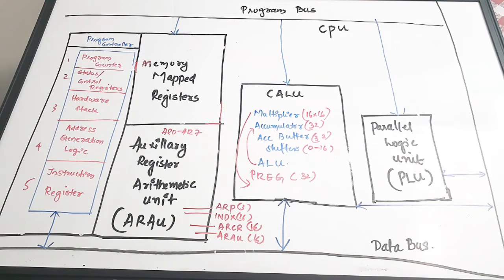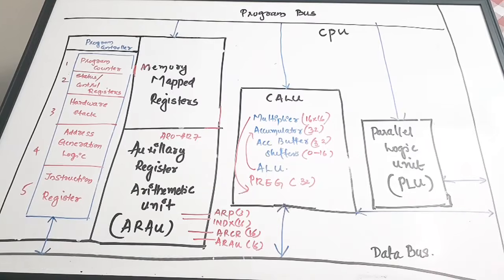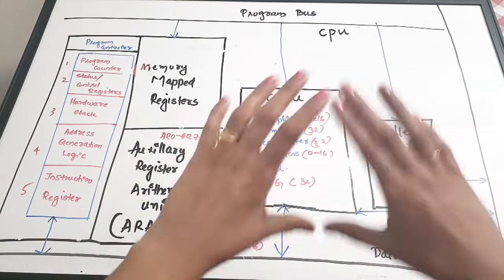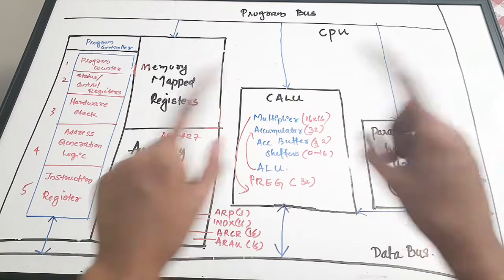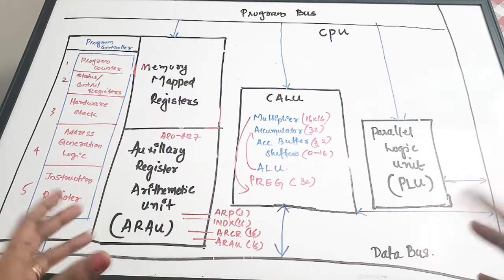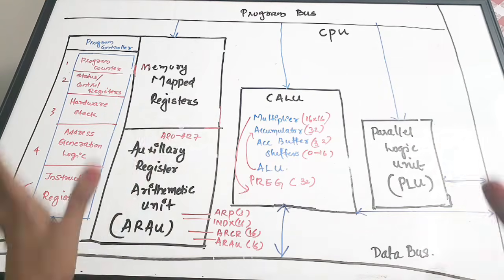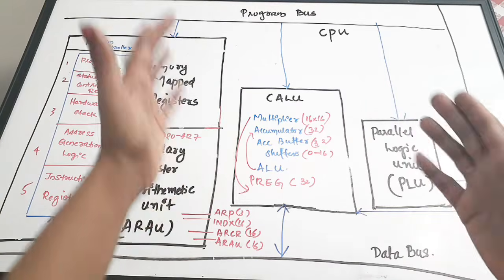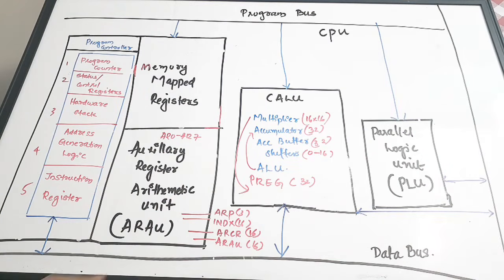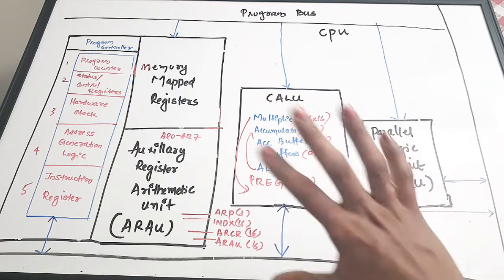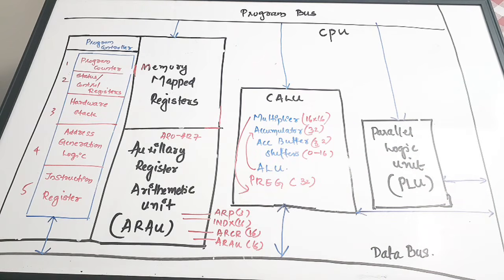Because when drawing the entire architecture, I'll be drawing only the CPU. When I'm drawing the CPU for your exam, you have to draw the entire block, which is this, and also mark these arrows connected to the program bus and the data bus. That's why I told you to note down the arrows also. Anyway, I'm sharing the PDF so that you can directly look it over. Okay, so that's all about the CPU.